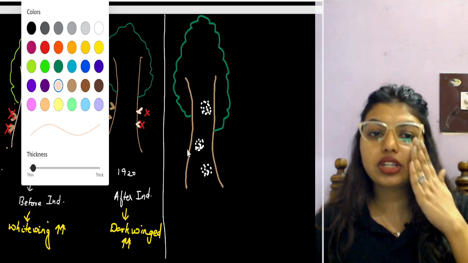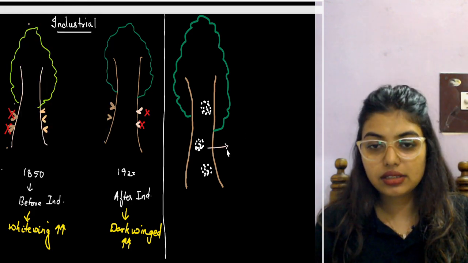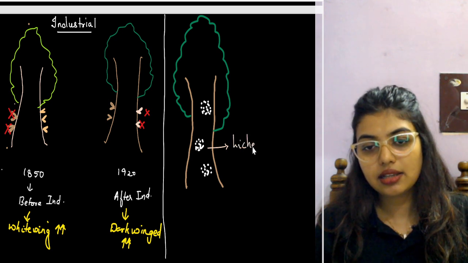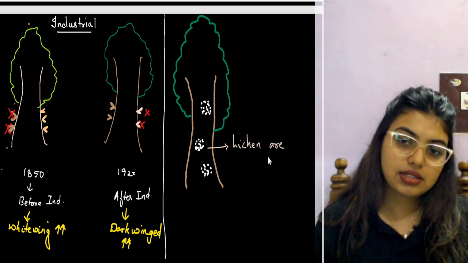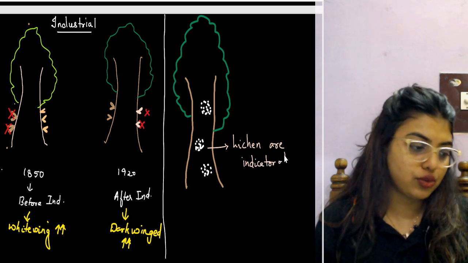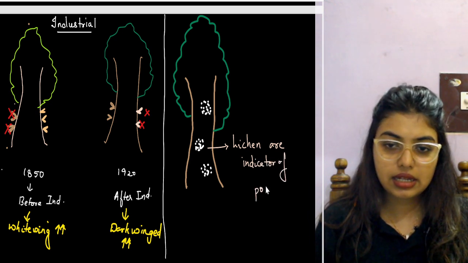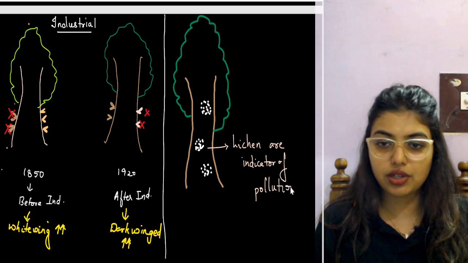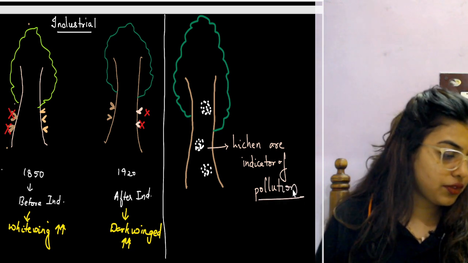So students, lichens are indicators of pollution. Got it, all of you?